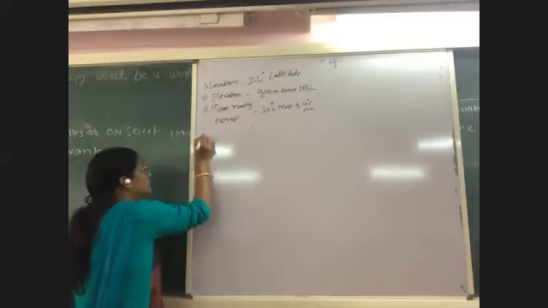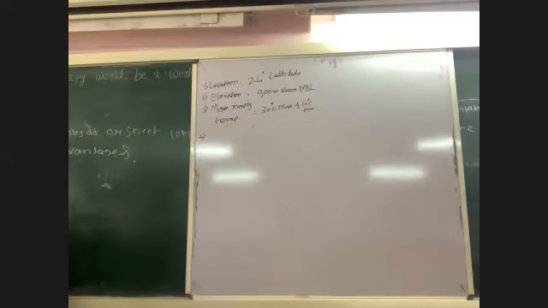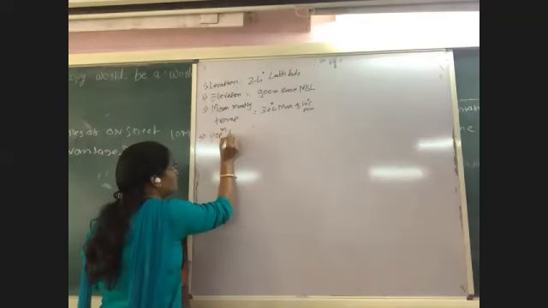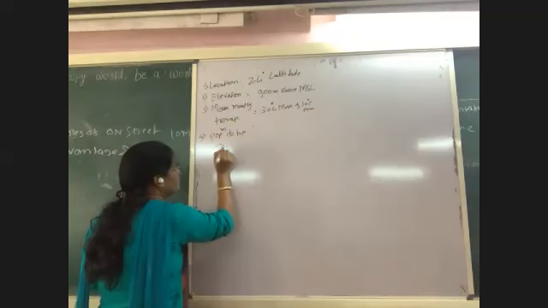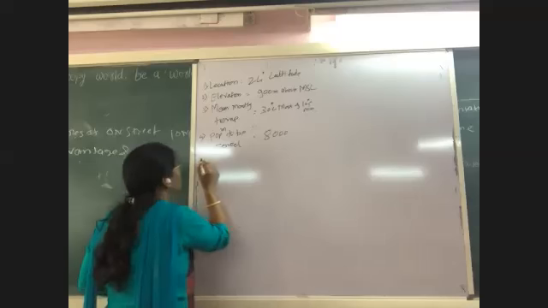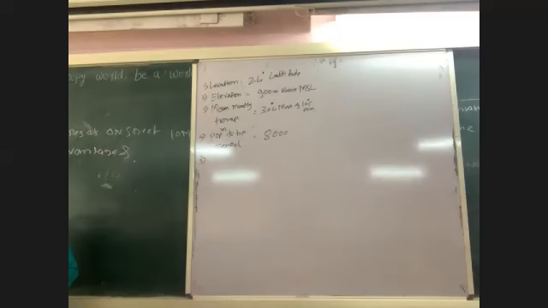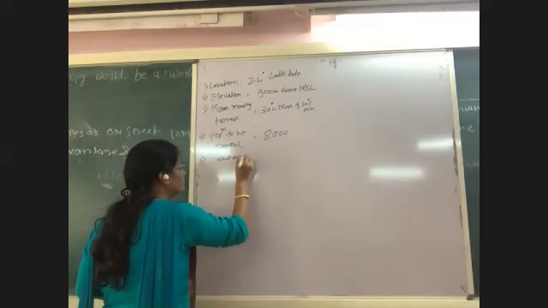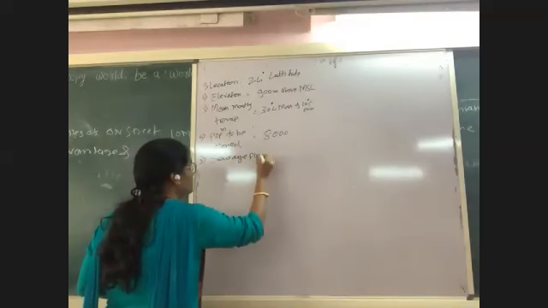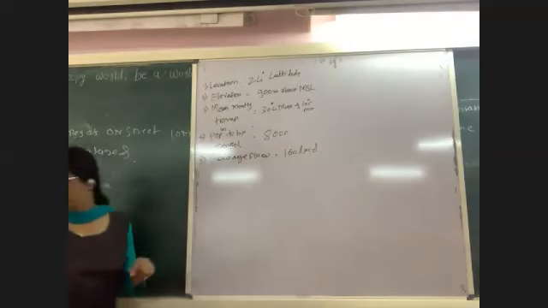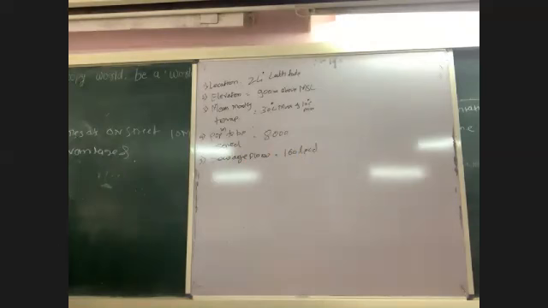Fourth data is given to you: population to be served, and it is 8,000. Fifth data is given to you: sewage flow. It is 160 liter per capita per day.